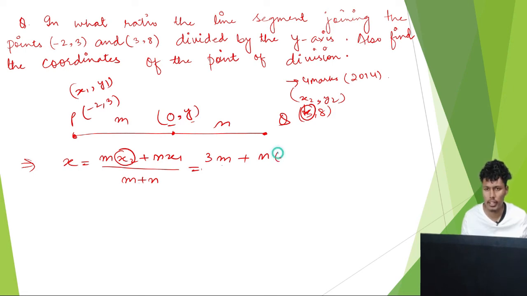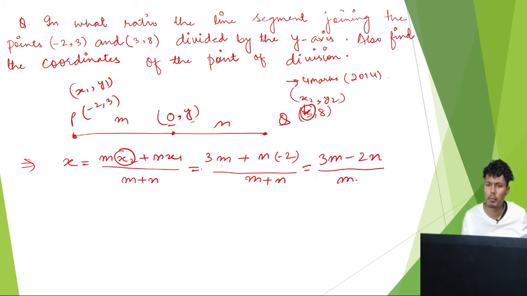So n into -2, divided by m plus n. So we can write it like this: 3m minus 2n divided by m plus n.